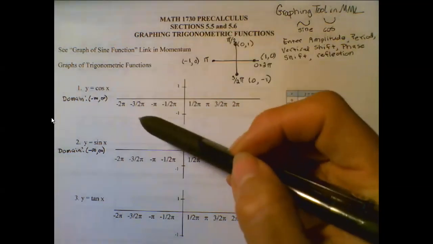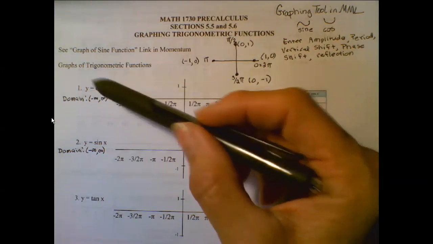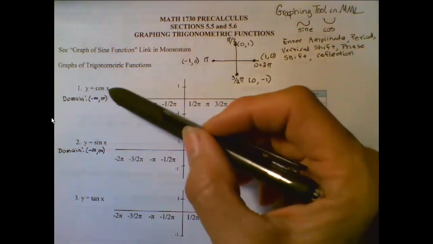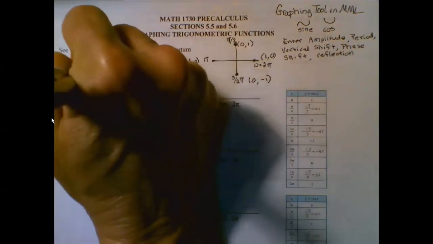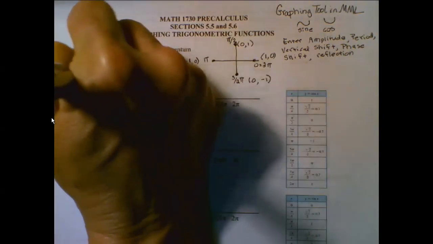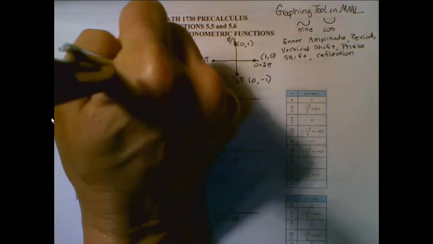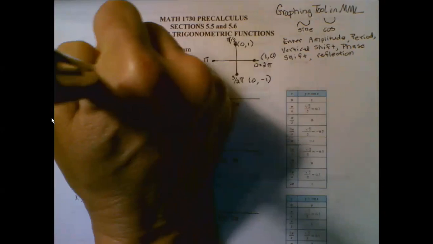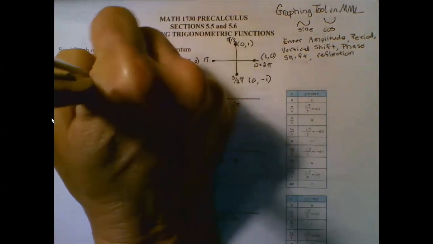So when I say when x is 0, what is y? Y is the x coordinate of the ordered pair at x radians.